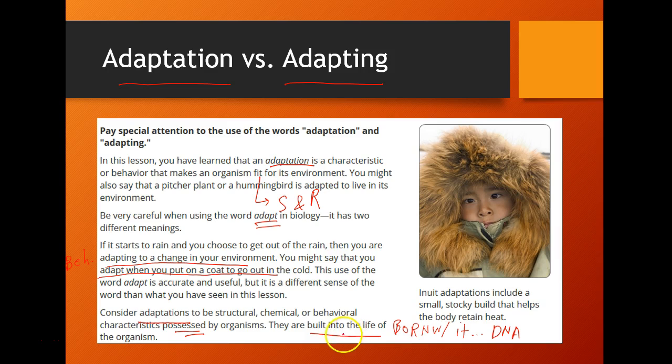So these are things that organisms are born with, whereas if you put a coat on, just like this boy here, you are not born with a coat, right? And so the coat itself is not an adaptation. However, this boy also can keep warm because he has a small and stocky build, which helps retain heat. That would be something that we would consider an adaptation.